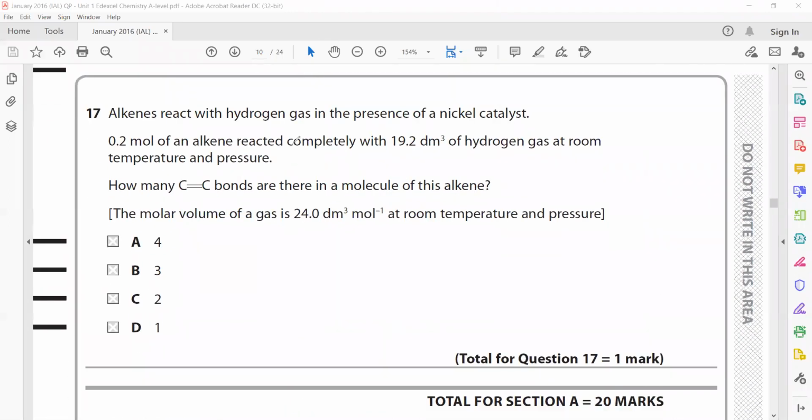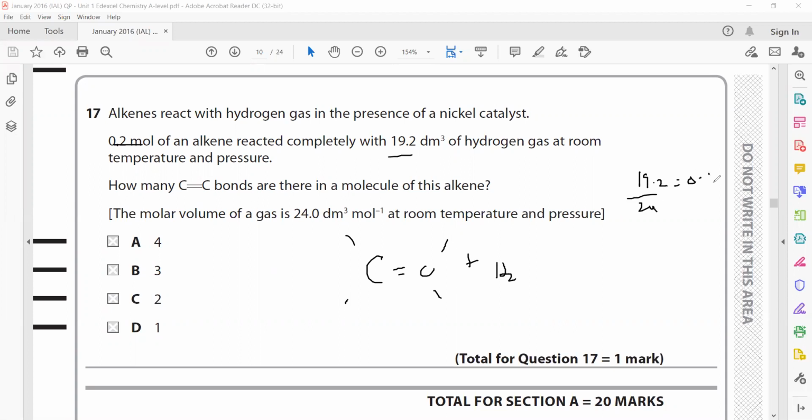Question 17. An alkene reacts with hydrogen. 0.2 moles of alkene reacted with 19.2 dm cube of hydrogen. So basically 1 mole of hydrogen will react with 1 double bond. So we'll find the mole ratio. Alkene is 0.2, but the hydrogen volume is given, so we'll find the moles: 19.2 divided by 24.